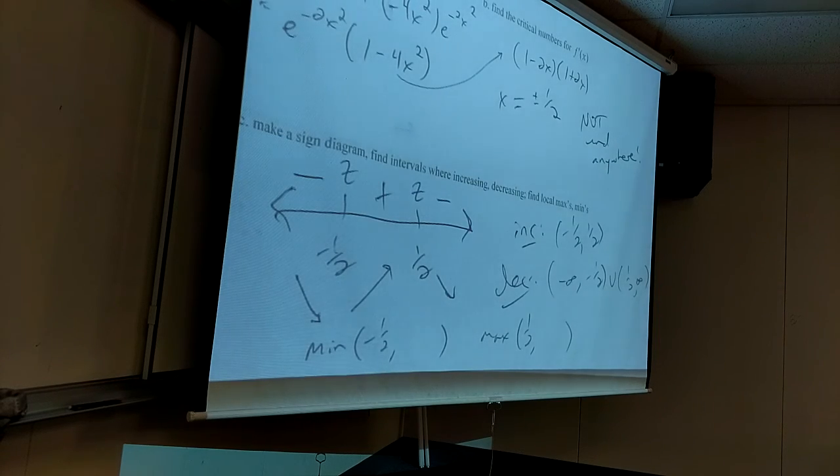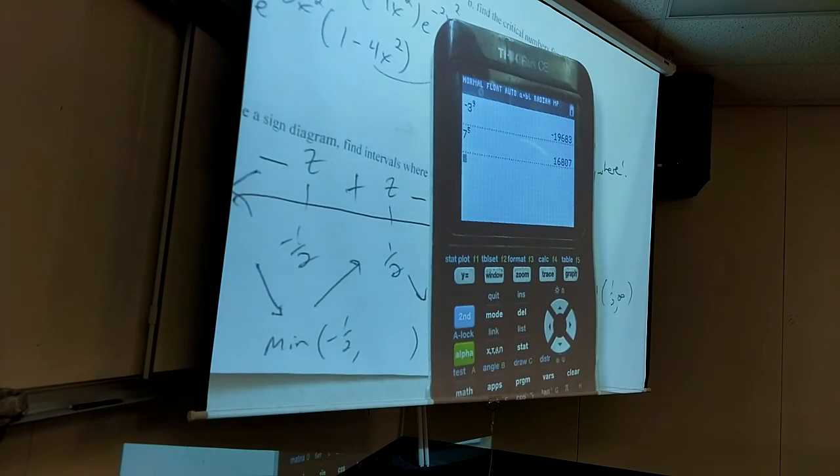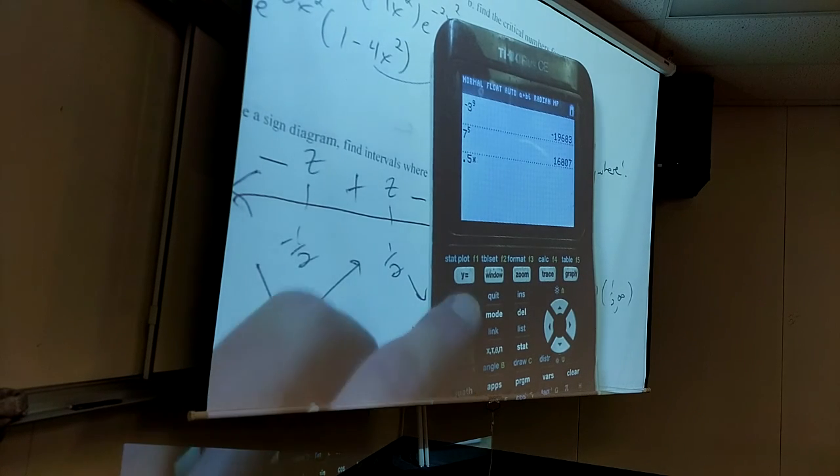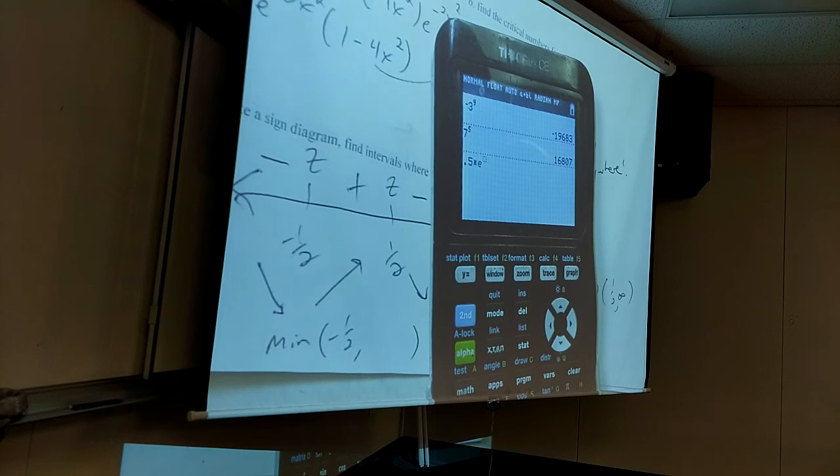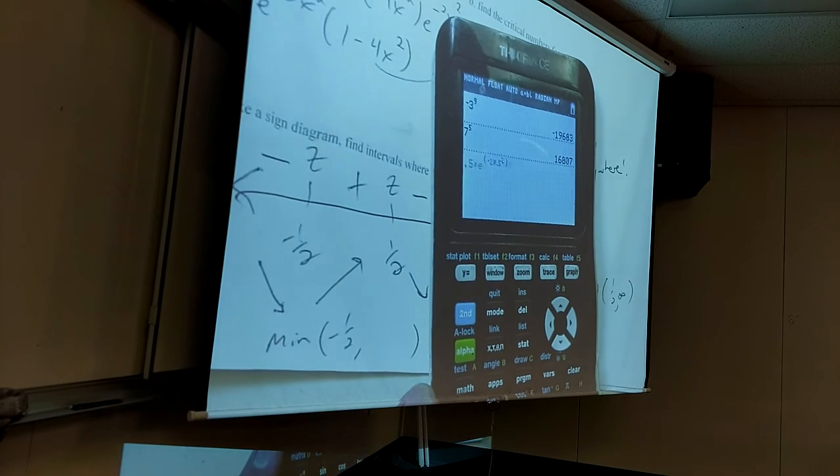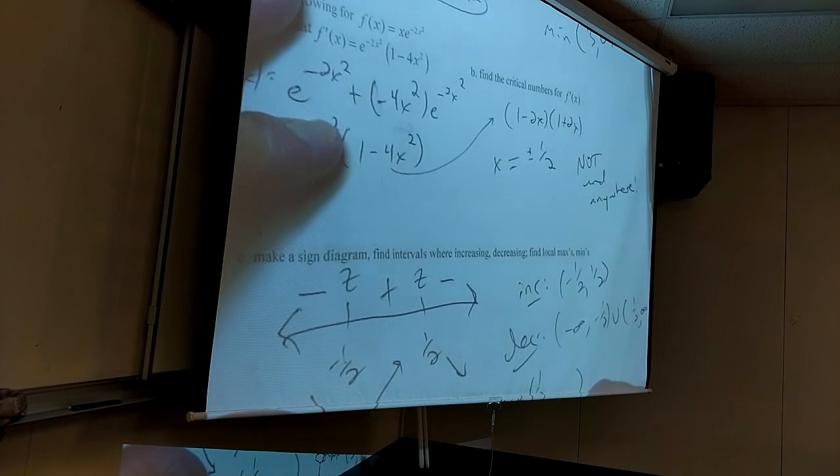So if I do 0.5 times e to the negative 2 times 0.5 squared, right? Yeah, 0.303. That was for this one.